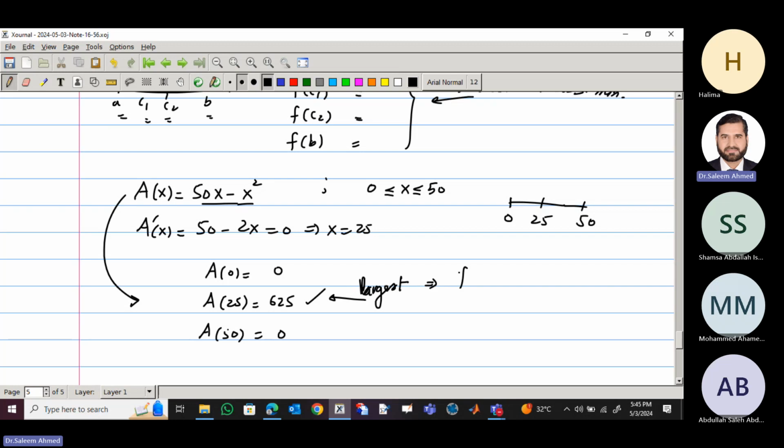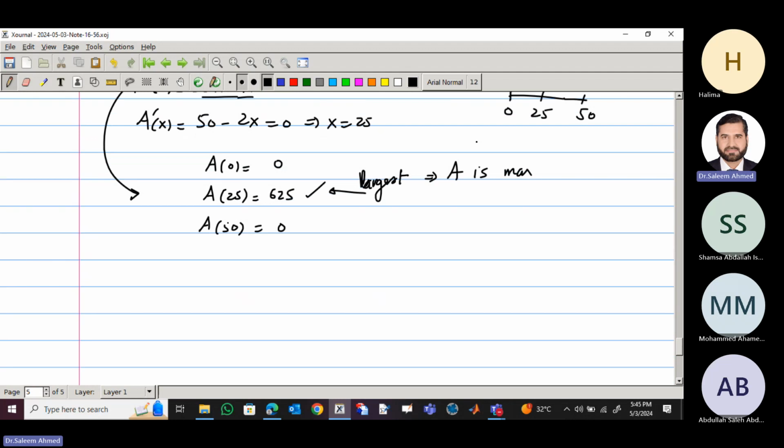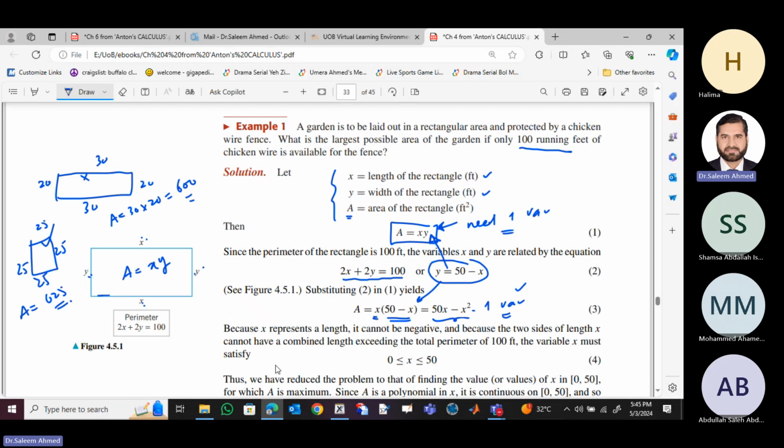So we can say that area is maximum when x is 25, right? And when x is 25, what is my y? Because he asked me the dimensions. Dimension means both x and y.